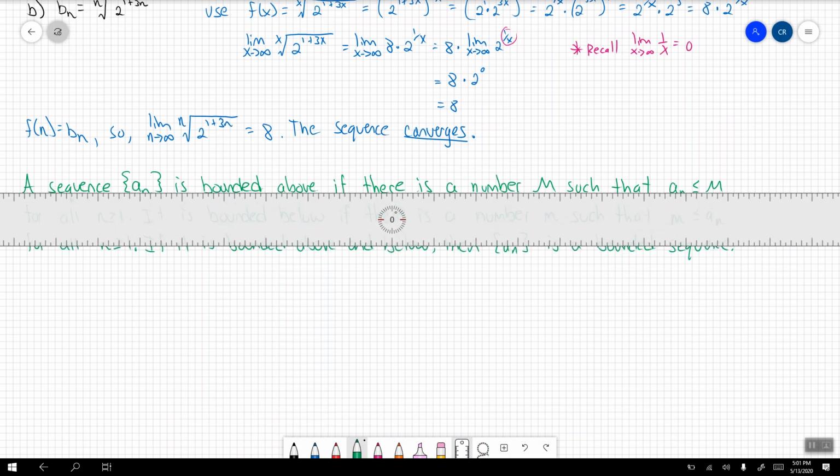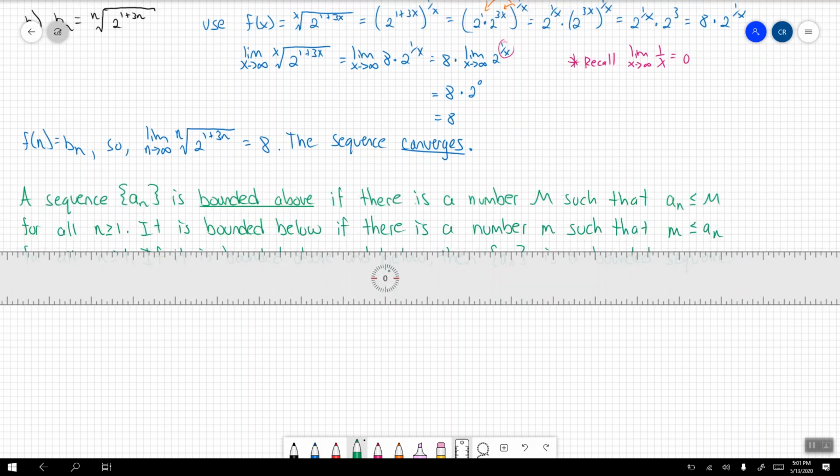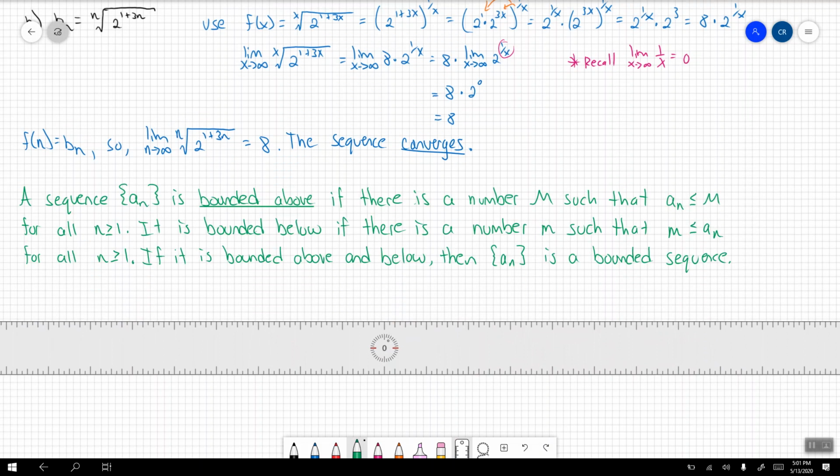If a sequence is bounded above, then there exists a number, call it m, that is a bound for that sequence, meaning it's never going to exceed that specific number. Thinking about the y values as your outputs, if your outputs are bounded by some value, some limit that they never attain or can't attain, then that sequence is bounded.